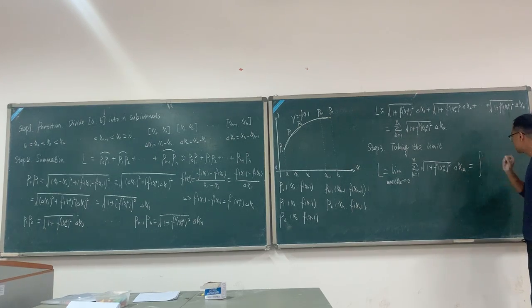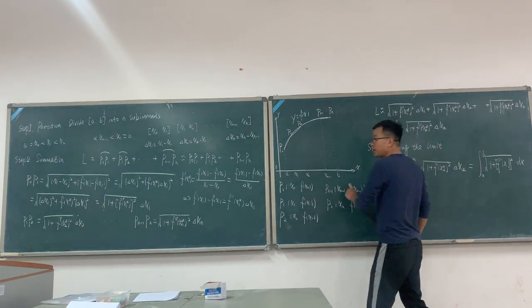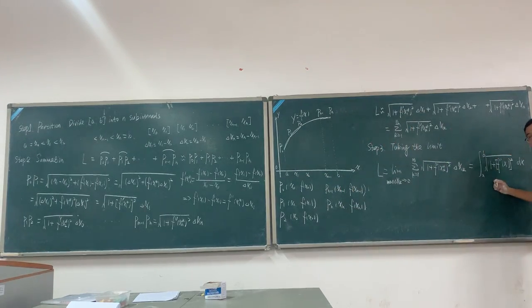It is the definite integral of the square root of 1 plus f'(x) squared dx from what? From a to b, okay? So this is the definition of the arc length, and this is also the formula of the arc length, okay? So remember it.